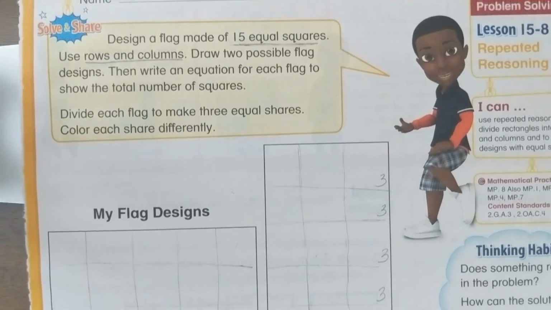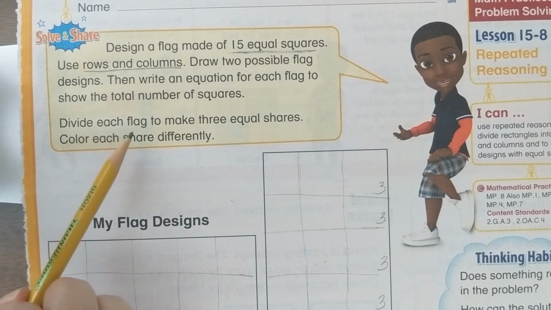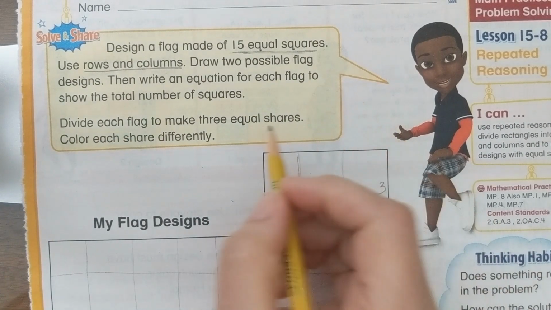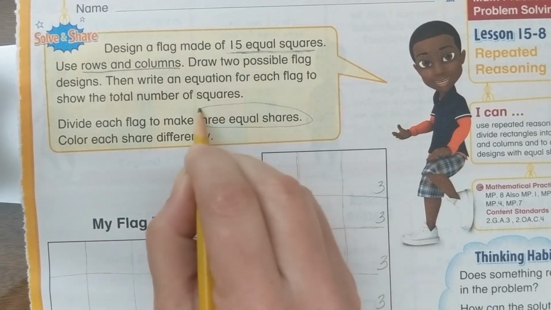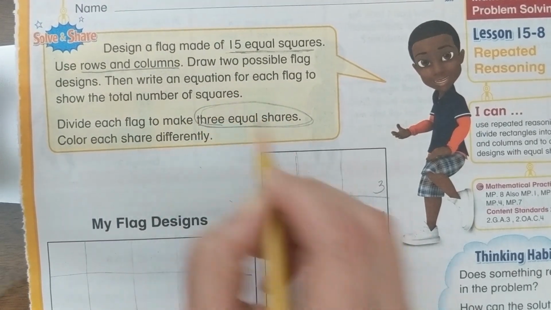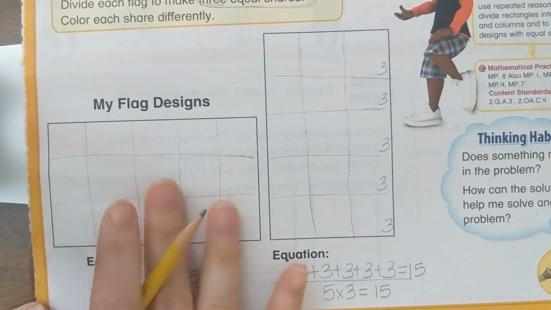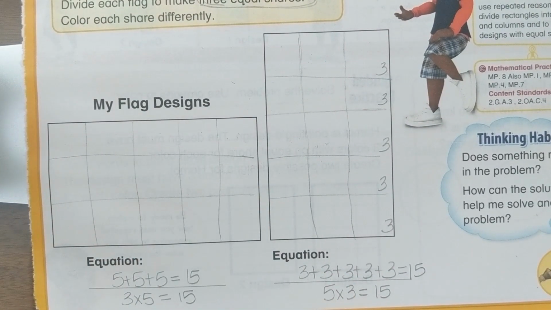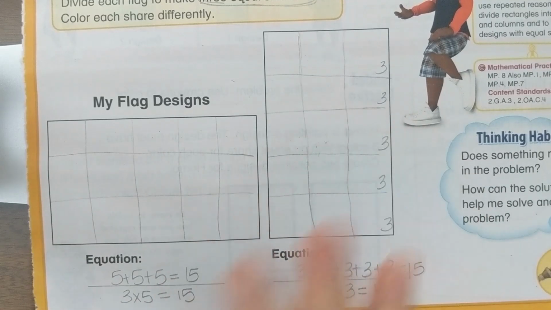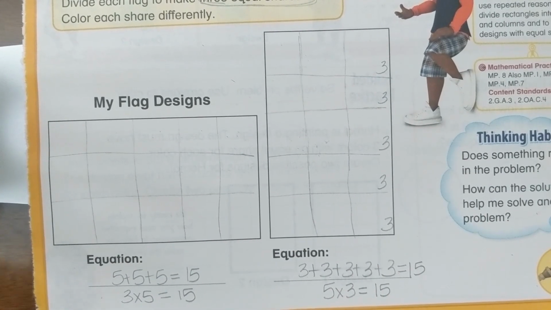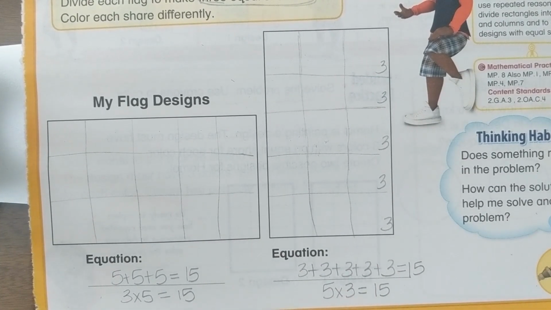Now we can do the second part here. Divide each flag to make 3 equal shares. Color each share differently. Okay, if I need to split this into 3 equal shares, let's do it an easy way first, and then we can do it a crazy way if you want. So the easy way has to be by rows and columns.